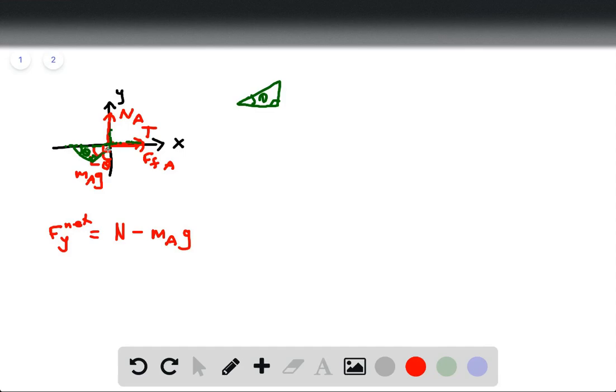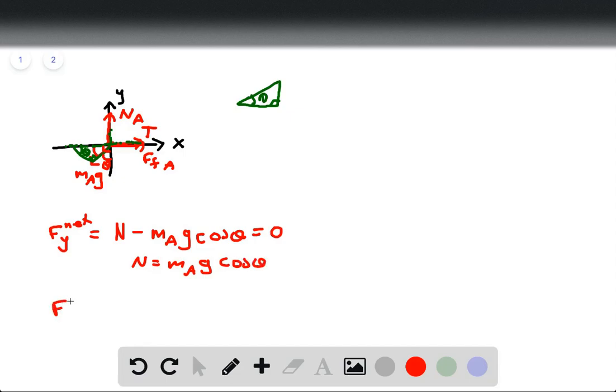This will be the hypotenuse, and the y direction will be the adjacent side of this angle right here in red. So this will be mg times cosine theta, picking out this adjacent component. This is 0, so we know that N is mA times g cosine theta.